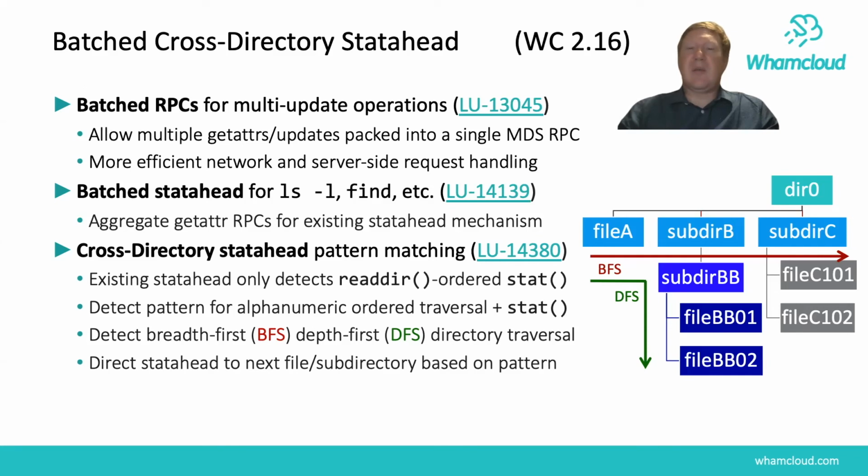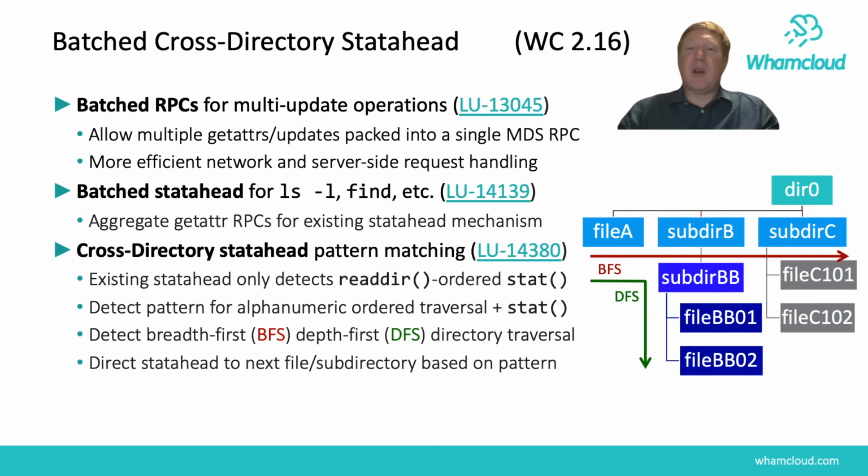With improvements that have already been developed, this can detect alphanumeric ordered traversal, let's say file name plus digits at the end, right? Which is typical: file1, file2, file3, etc.